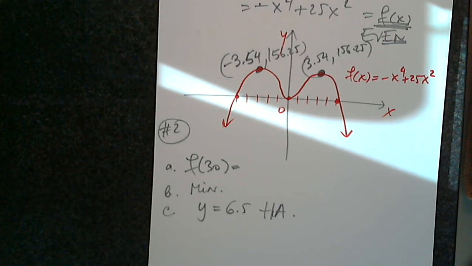Close the parentheses, divide by, in parentheses, x squared plus 144. Close the parenthesis, and if you want to see the horizontal asymptote, make room for another function, which is 6.5.